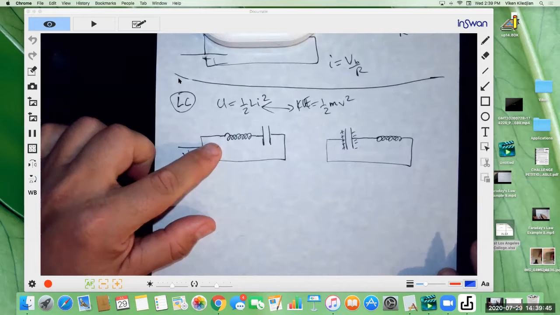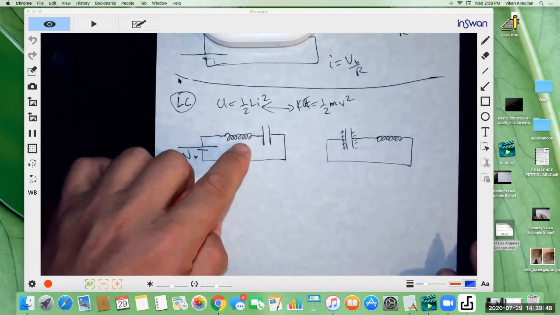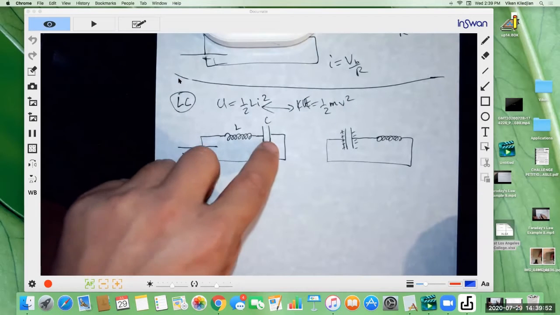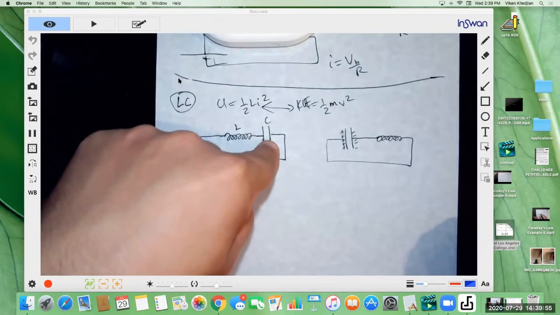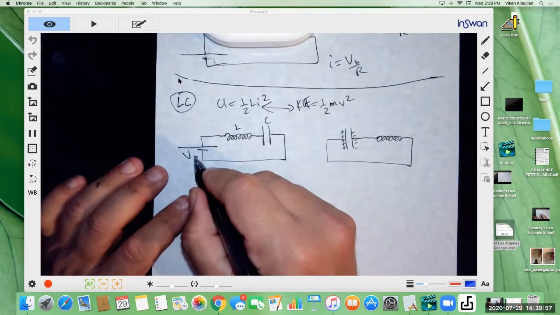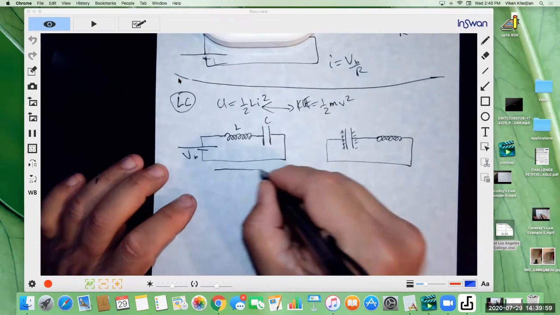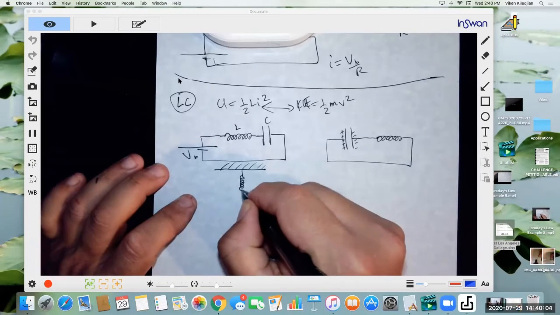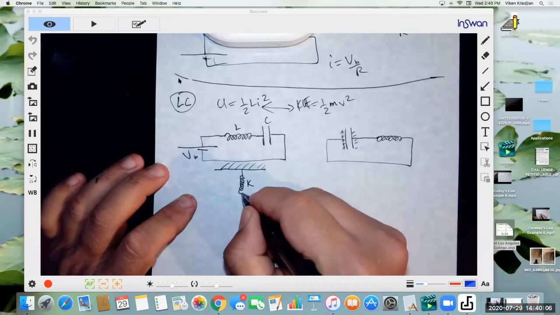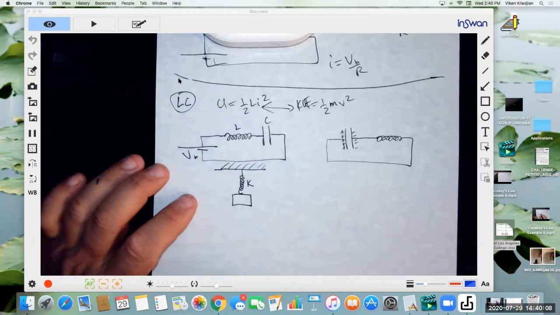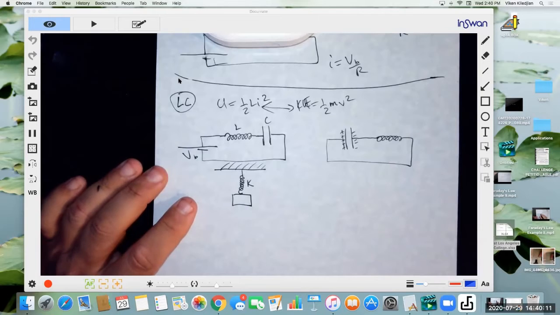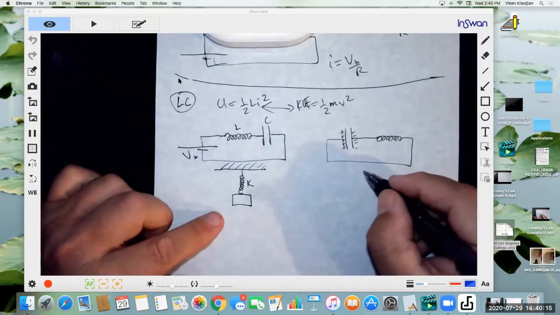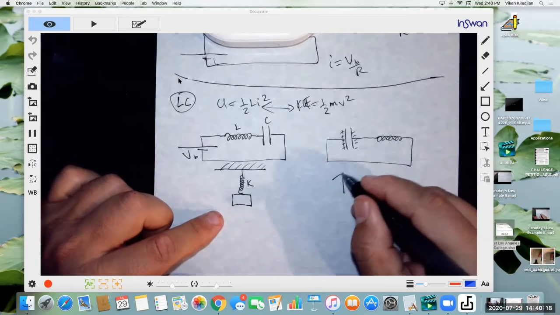Remember, when you have an inductor, it's like having mass, and then a capacitor is like having a spring. And this one is like having a weight. So it'd be wall, spring, and then a block, right? So then what is this one gonna be? This one's gonna be more like this, a wall.